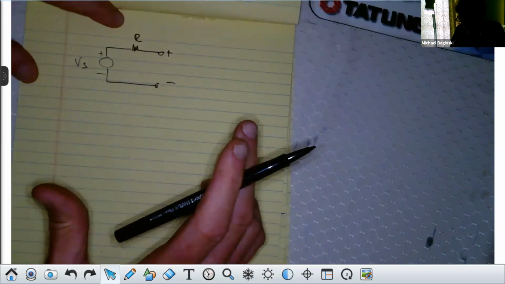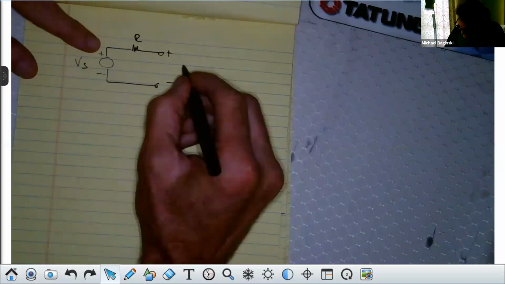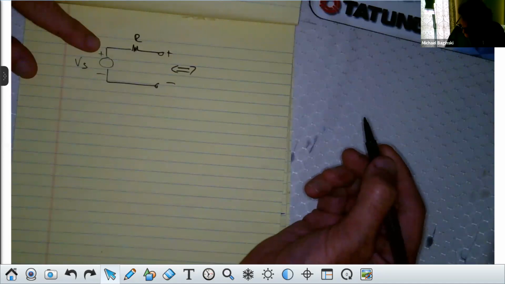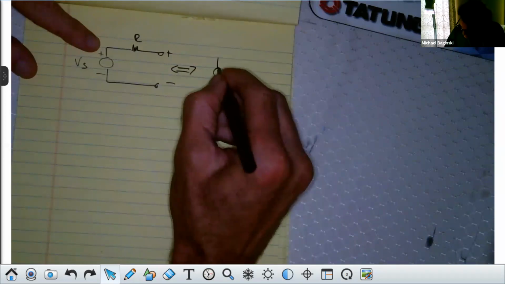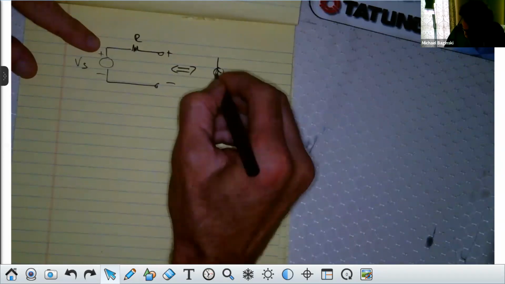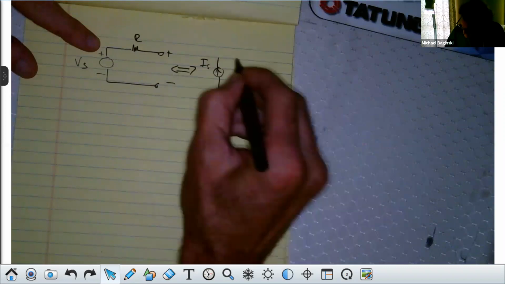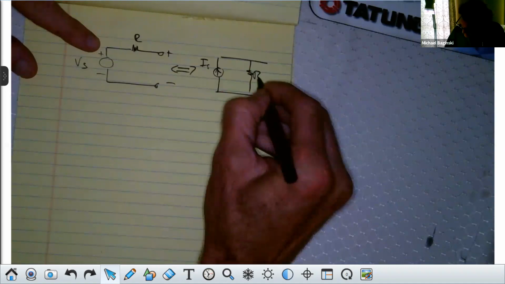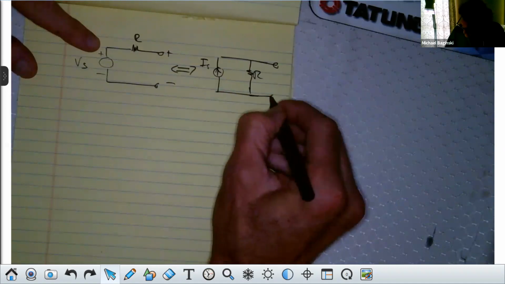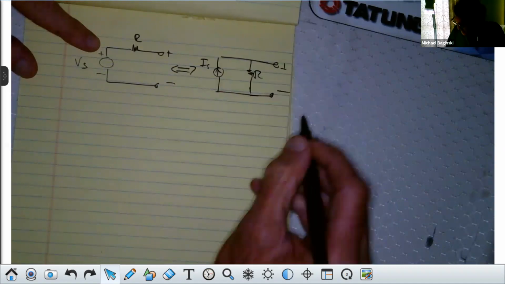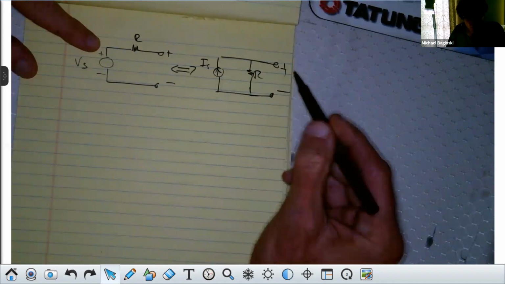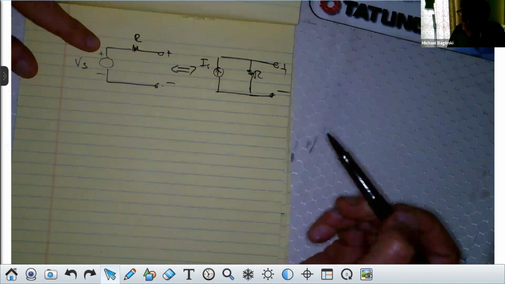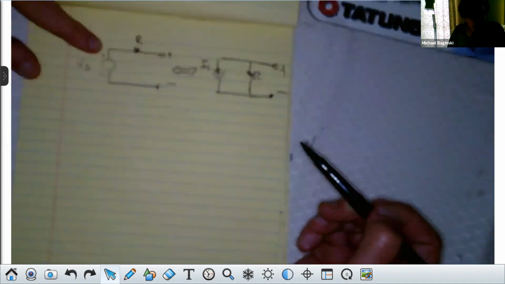Now, if you have this, this is also exactly equivalent to a current source, which I'm going to call IS, and a resistance, this resistance R here, and these two will be the terminals, plus to minus. Across these two terminals, you get the same voltage and current for any given load.